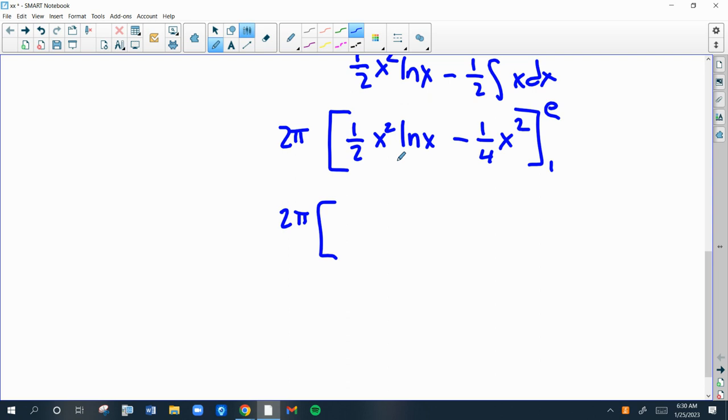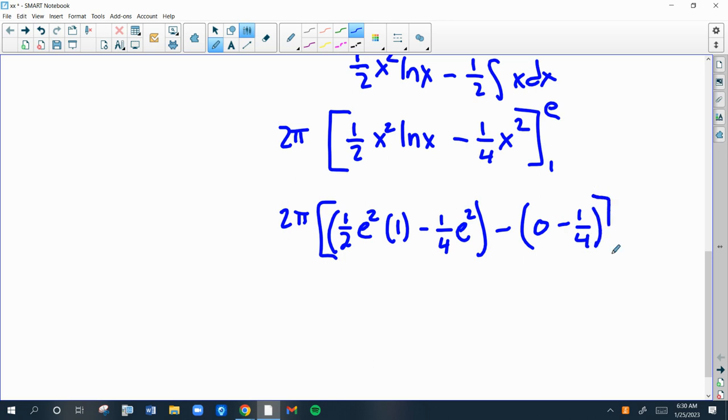When you plug in e, you will get 1/2 e squared times the natural log of e, which is 1, minus 1/4 e squared. Minus, now we're going to plug in 1. The natural log of 1 is 0, so that whole first term becomes 0, and 1 squared is 1, obviously, so minus 1/4.